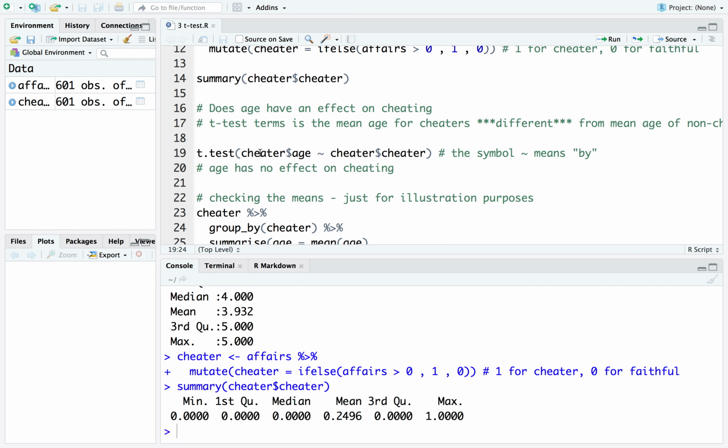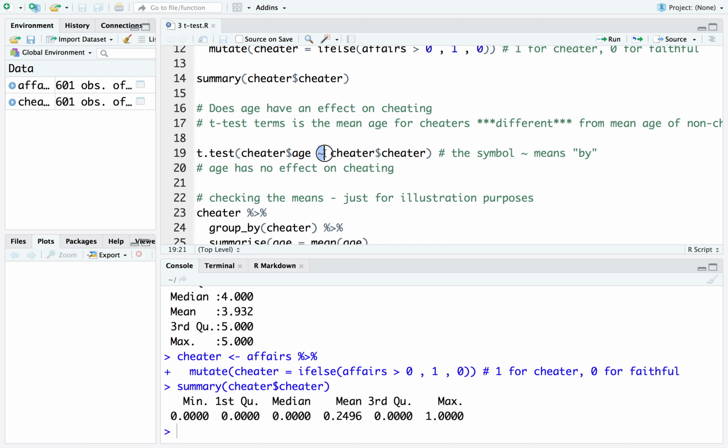This is the syntax, t.test, very similar to cor.test. And the difference is this, and I'll explain why. We take the variable age, and we want to compare the means of age by the variable cheater. In other words, calculate the mean age for cheaters and the mean age for non-cheaters.